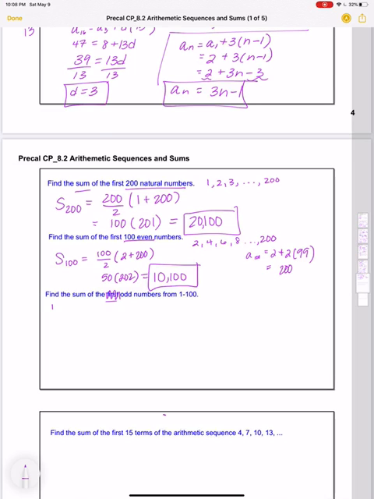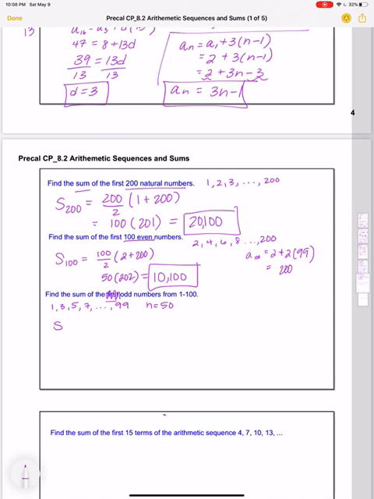So 1, 3, 5, 7, and so on, all the way to 100, which is not odd, so 99. How many numbers is that? 50 numbers. So n equals 50.